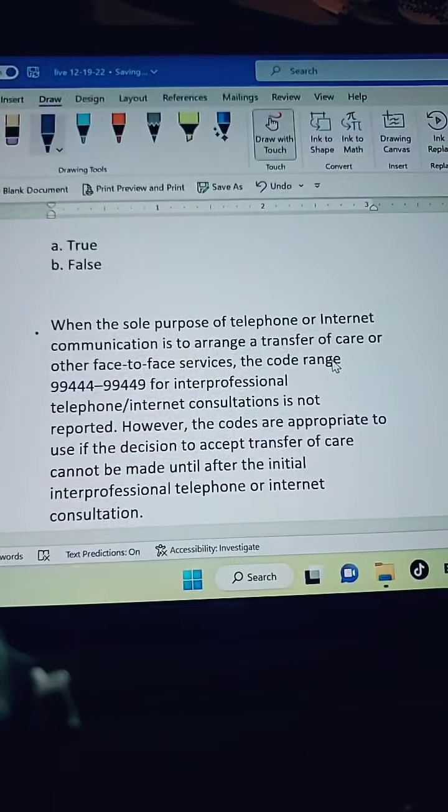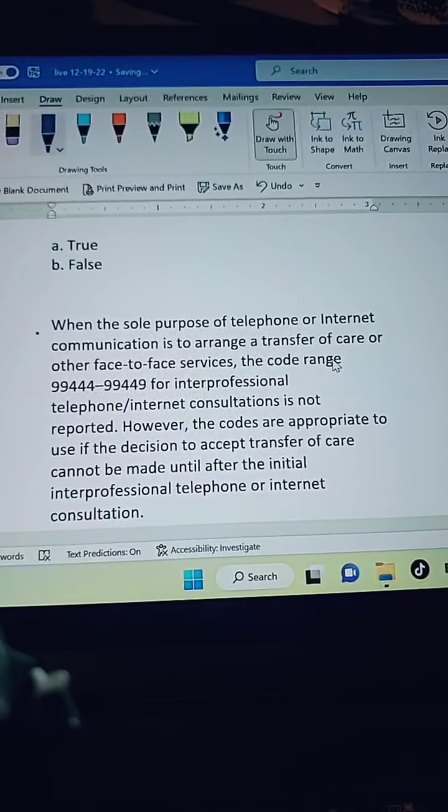You pick kidney disease? True or false on this one? Telephone, internet communication, these codes, what are they asking us? Code appropriate use: decision to accept transfer of care cannot be made until the initial interprofessional telephone or internet consultation.